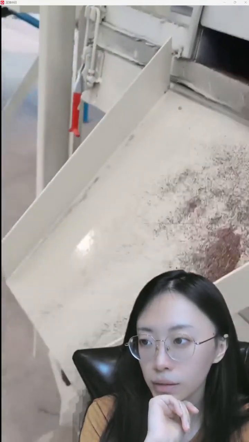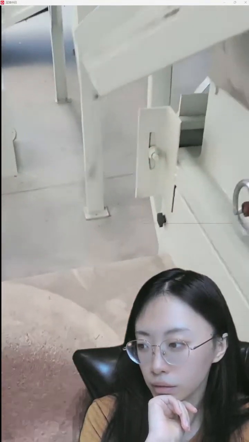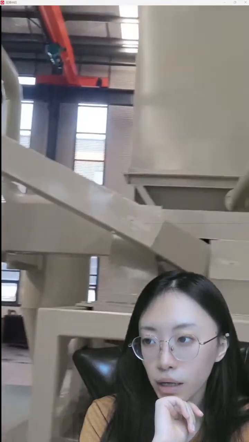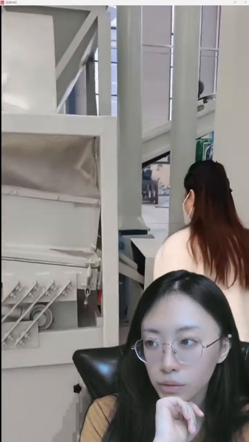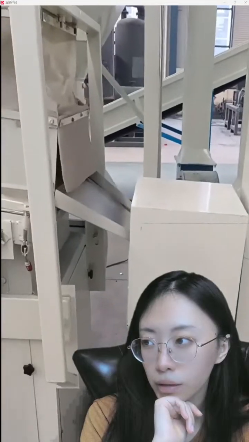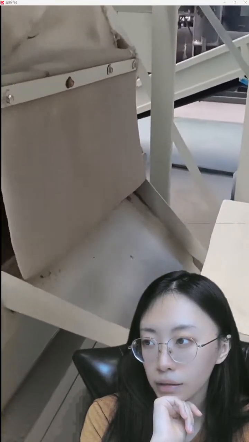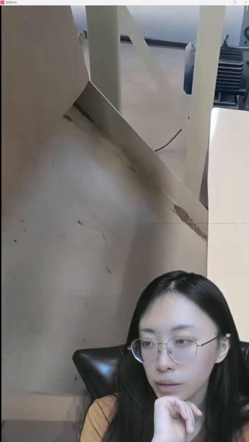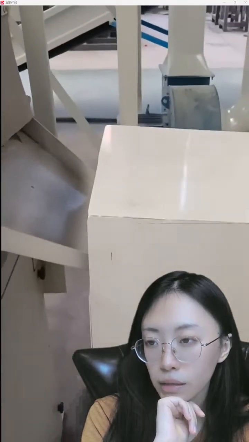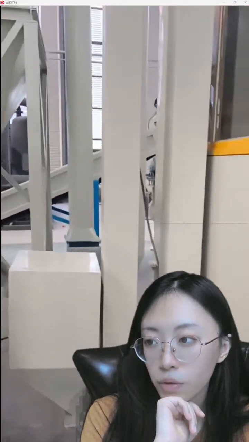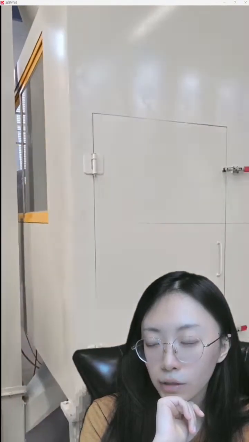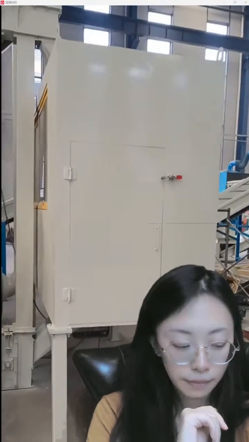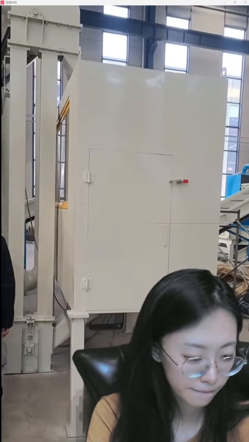Yeah, here is a outlet that to recycle the mixed metals, mostly the copper. And then the mixed one with the copper and the resin fiber, they will go into the electrostatic separator to separate again.